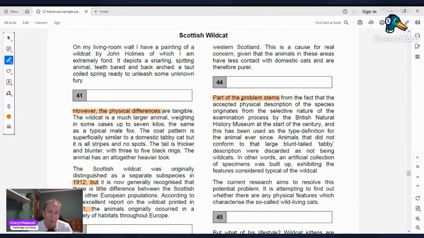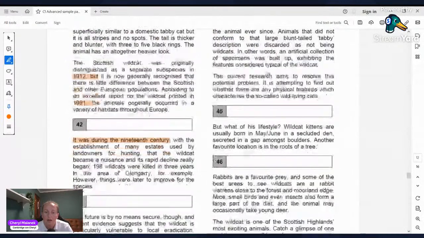What problem? If it's the problem, it must have been mentioned before. So I would be looking in number 4 for something connected to a problem. Number 45, but what of his lifestyle? Whose lifestyle? His. This is a male person. So I'd be looking for someone male in number 45.